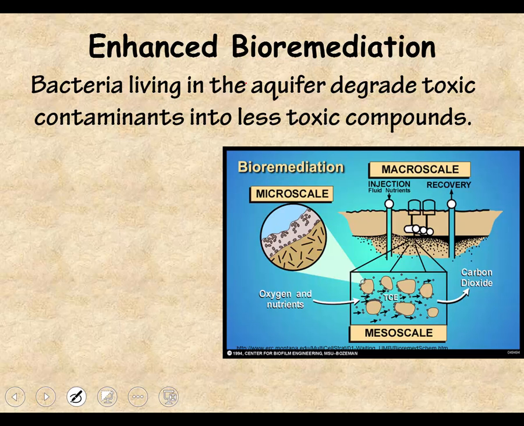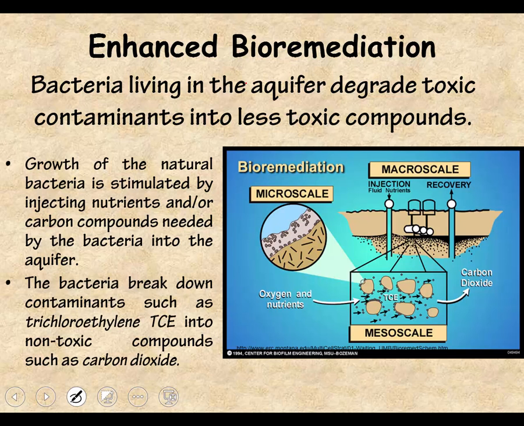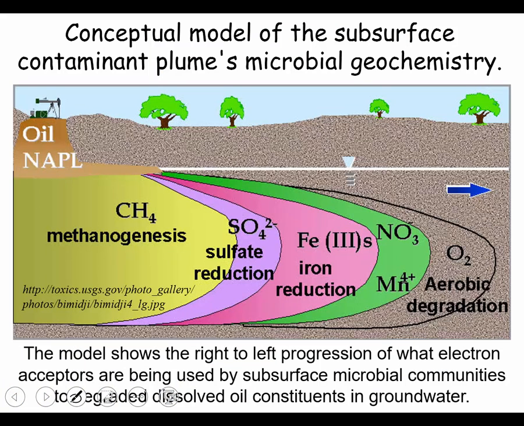We throw in Rid-X and the natural bacteria just go crazy and they get collected. And so enhanced bioremediation is a major issue where we're basically using natural bacteria and encouraging them to break down contaminants like trichloroethylene into carbon dioxide, etc. So this is especially useful.